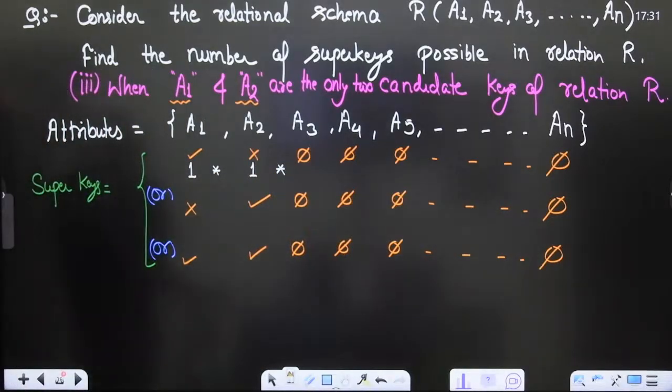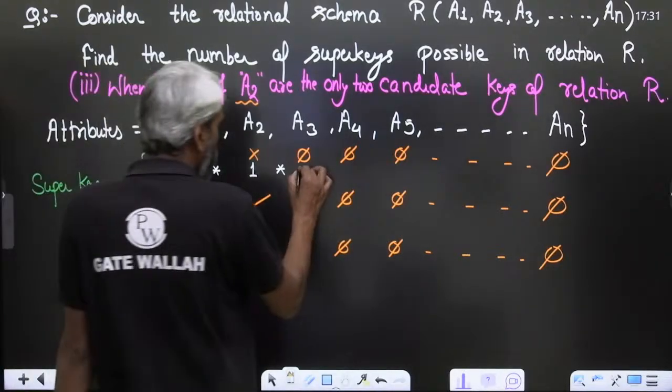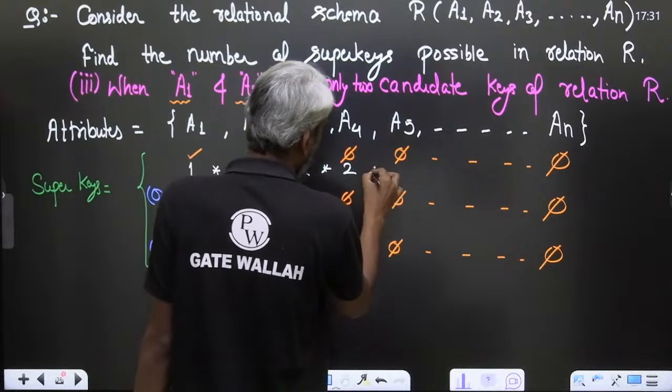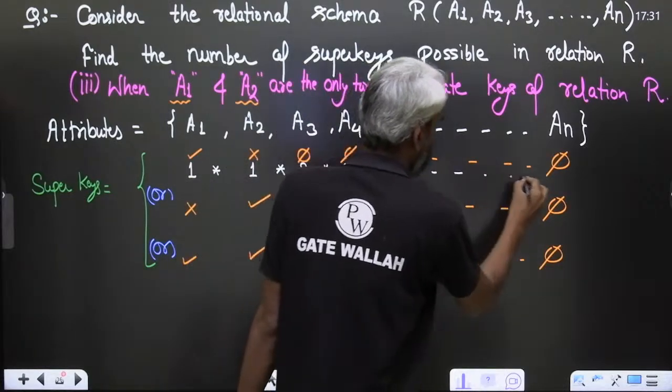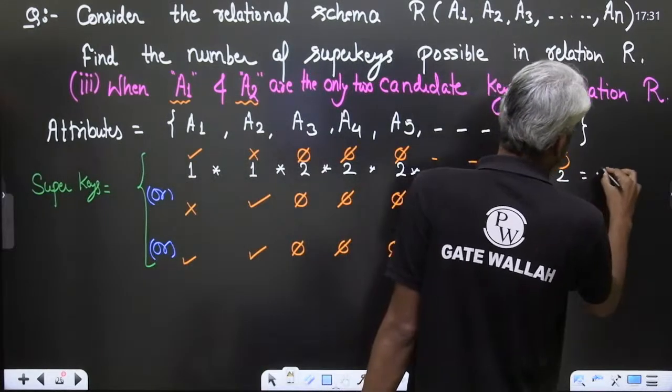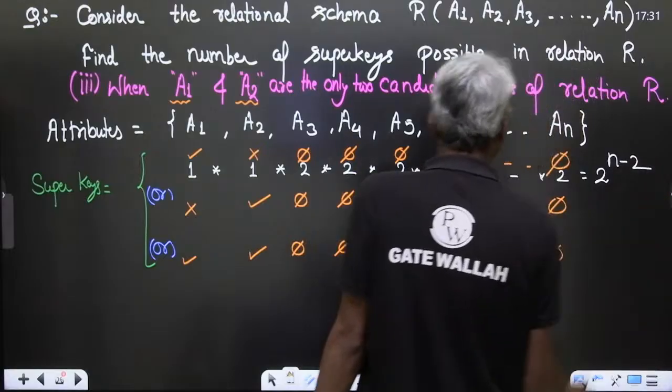For something to be present in the set, there is only one way. For something to be absent in a set, there is only one way. But if it may or may not be present, then there will be two choices. So that will be 2 raised power n minus 2.